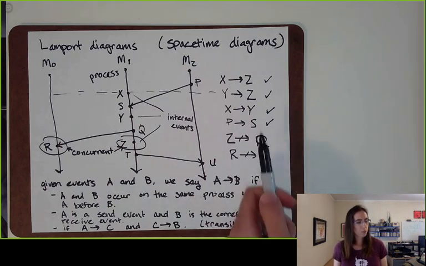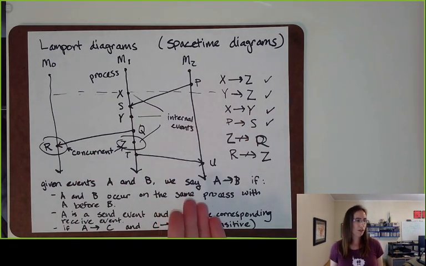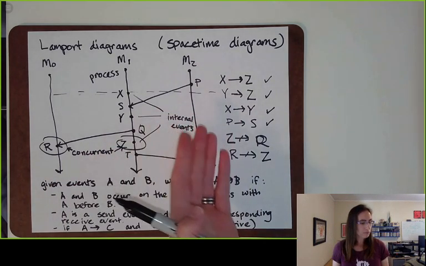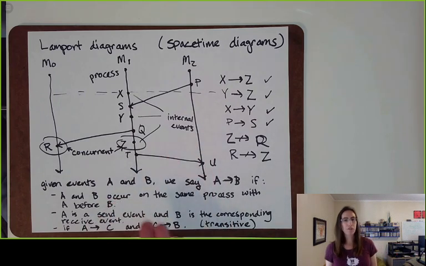We're just dealing with this happens before relationship between events. And starting next time, we're going to be defining a mechanism that's a logical clock that will let you determine the happens before ordering of events.